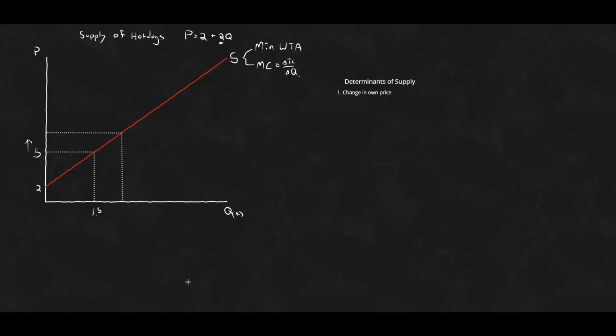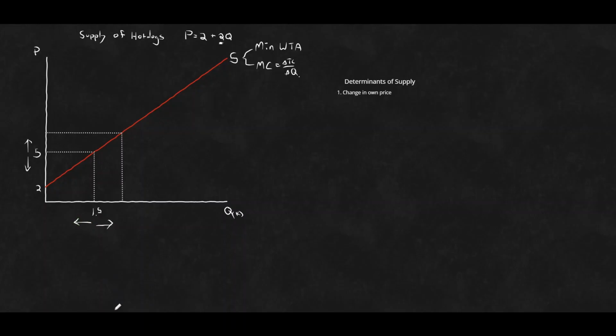No, the supply of hot dogs is constant. The supply is already showing us all different combinations of P and Q, assuming everything else is fixed. So if the price of hot dogs goes up, the only effect of that is an increase in our quantity supplied. Similarly, if the price of hot dogs were to fall, the only impact is a fall in our quantity supplied.